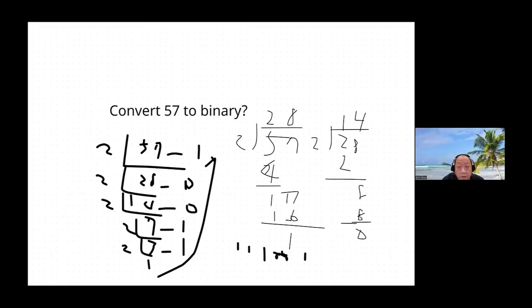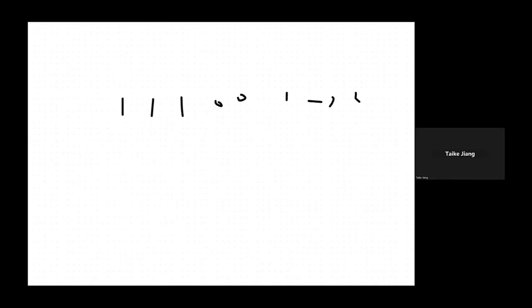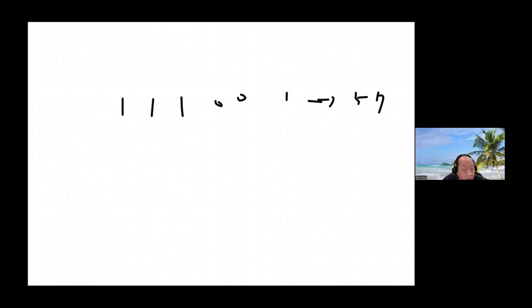Now how to convert binary back to decimal? We do have this one, 111001. We want to convert it back to 57. How can I do it? Most of the time I just read it, but I'm not too sure how to do that. You need to learn it. You have to do it for computer science.